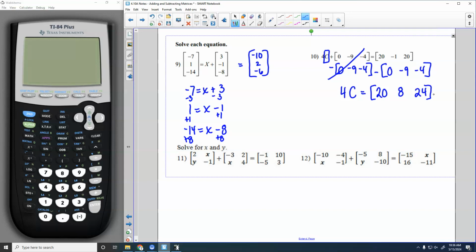Everybody okay there? We're kind of out of the territory of where they should teach small children to do this now. Then what would I need to do next? Divide by 4. If I divide by 4 here, I'll divide everything by 4 on the inside, and I will get 5, 2, 6. And that'll be my matrix for this.